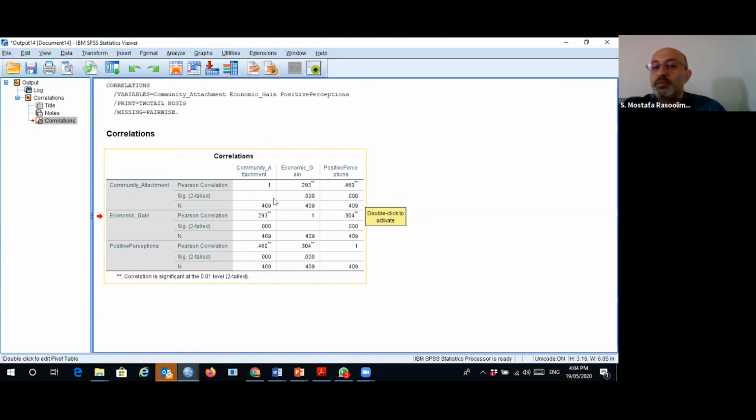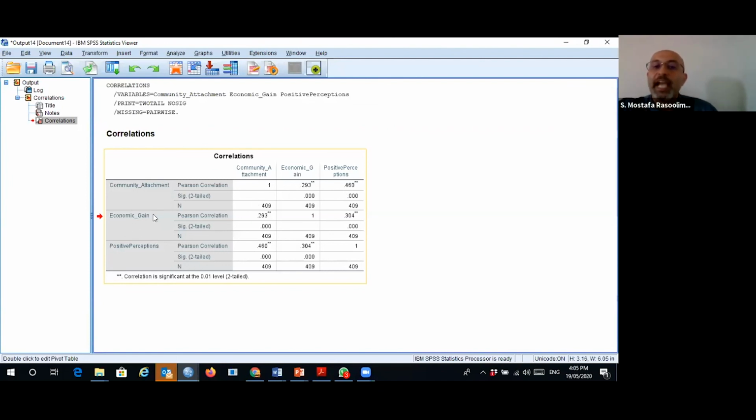This is the p-value. But the size of correlation between economic gain and positive perception with community attachment is moderate for both, right? Because it's between 0.3 and 0.5. The sign is positive. So you can see sign and size.